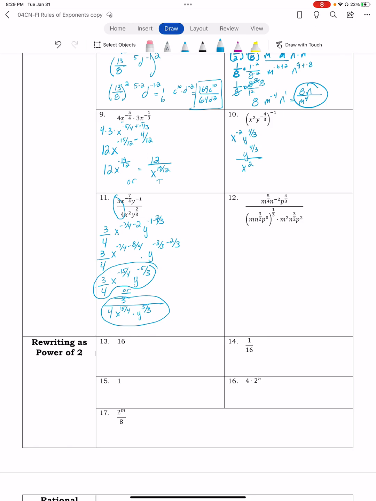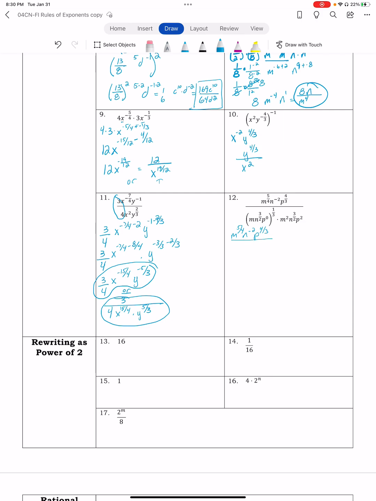I like to combine everything, my numerator and denominator, and then worry about numerator and denominator. So first off, my numerator, I'm going to leave it alone. So that's your m to the 5/4, n to the negative 2nd, p to the 4/3.